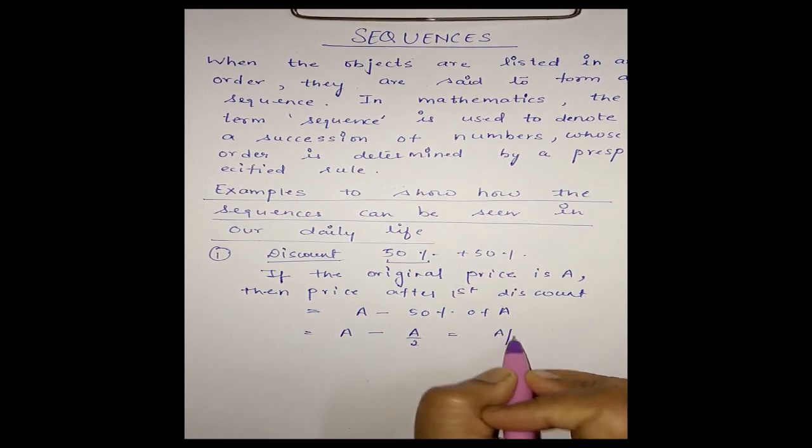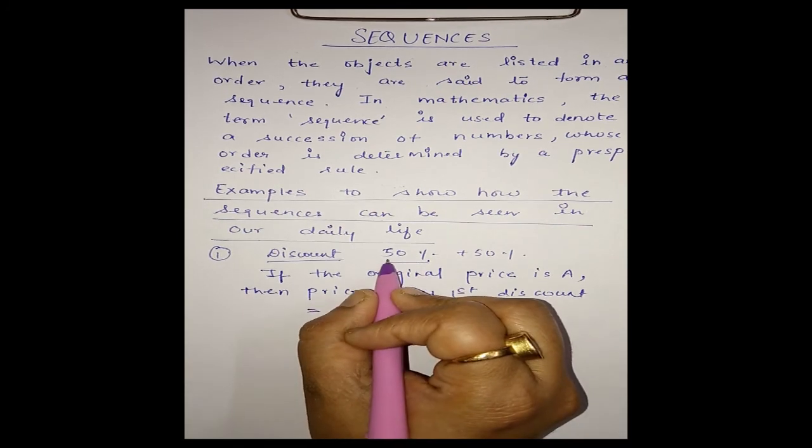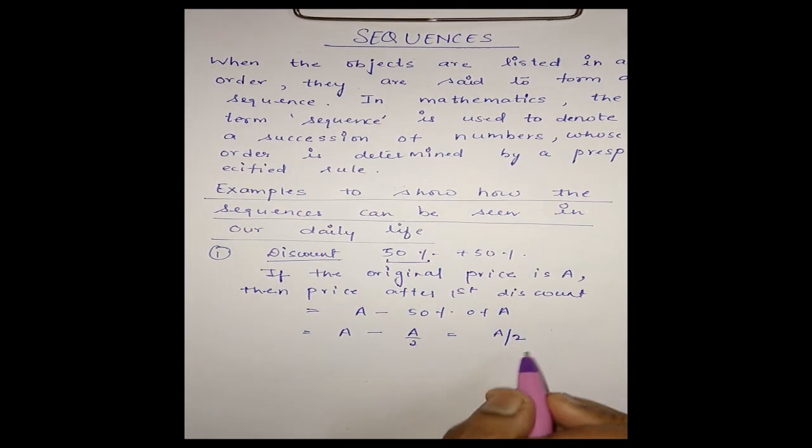So the price after the first 50% discount is A by 2.